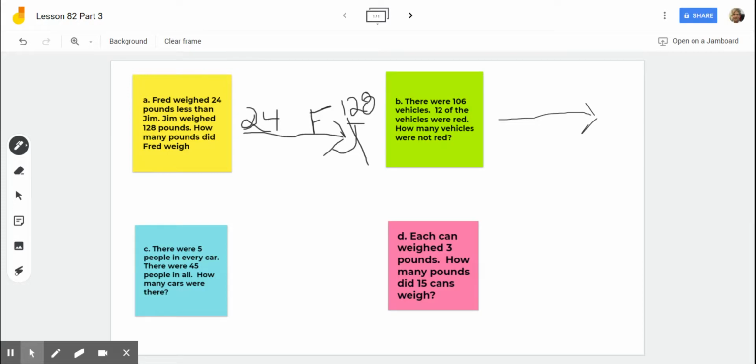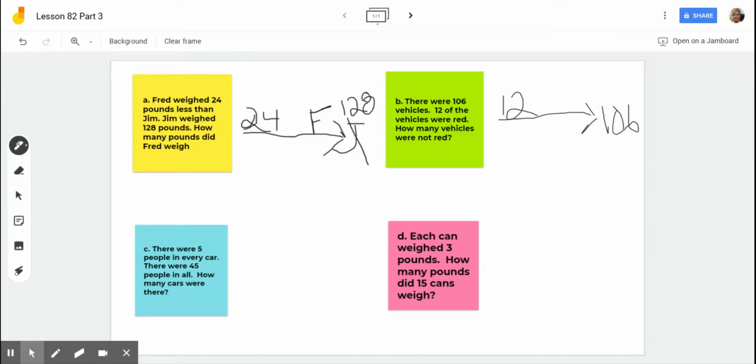My number family should say that there are 106 vehicles total. Right? So that's my total. 12 of them were red. How many were not red?